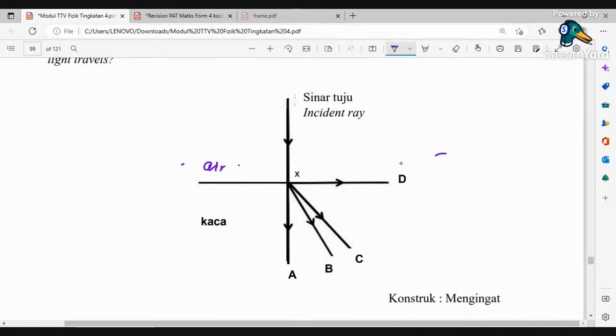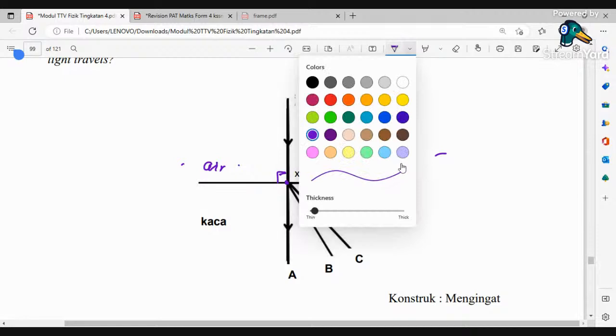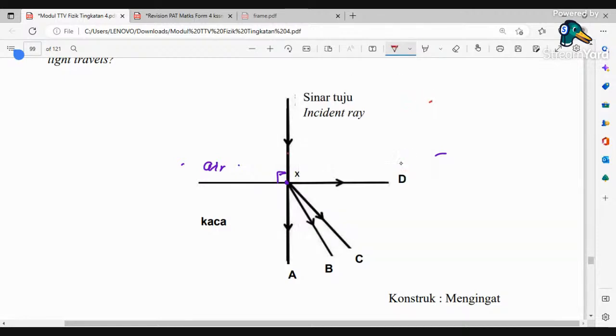Okay, this is incident ray, point of incident, and this is boundary. So you can see it is directed 90 degrees to the boundary. If you draw normal line, this is the normal line. Ini normal line. Okay, means incident ray is along the normal line. If along the normal line, angle between ray and normal line equals to 0.